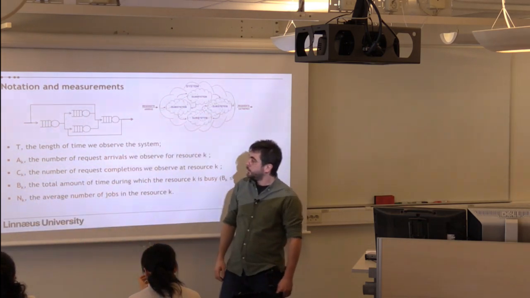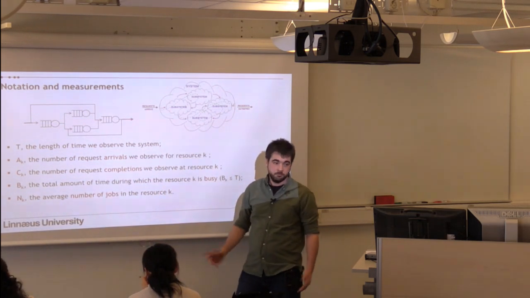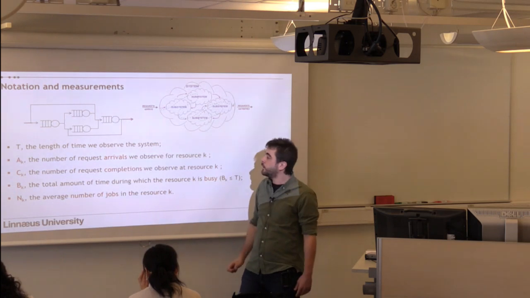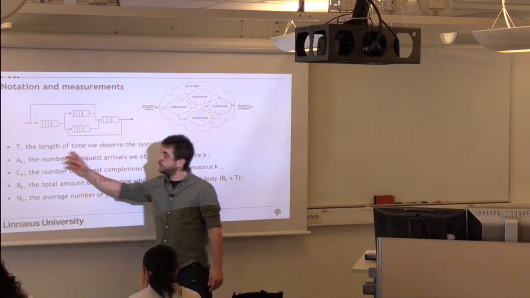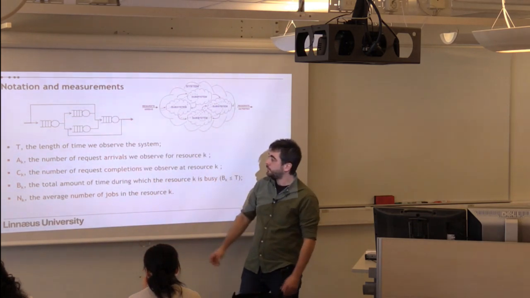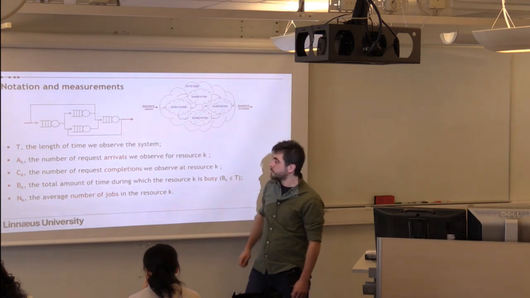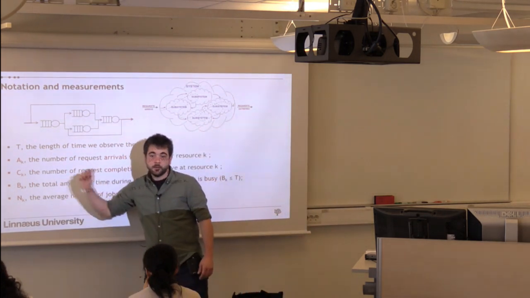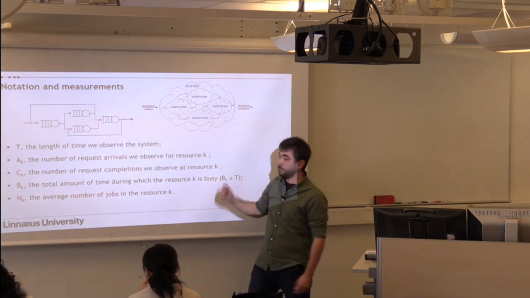So what we can measure at the level of subsystems: T, okay? The amount of time we are observing the system. This is the same for every subsystem, so we don't use the subindex. A sub k, the amount of request arrivals to the subsystem. C sub k, the number of completions we observe in the subsystem k.